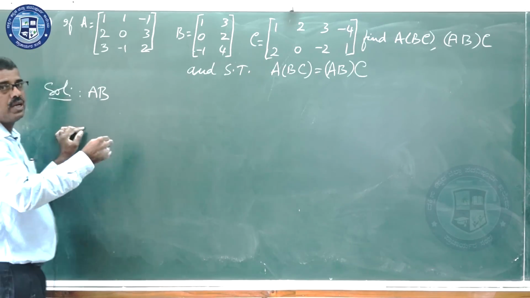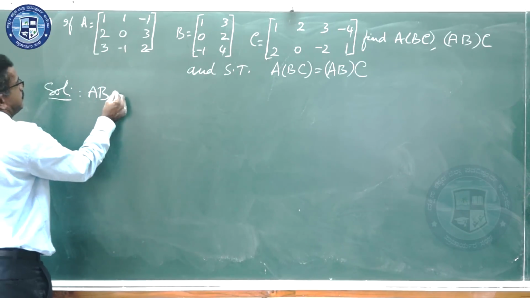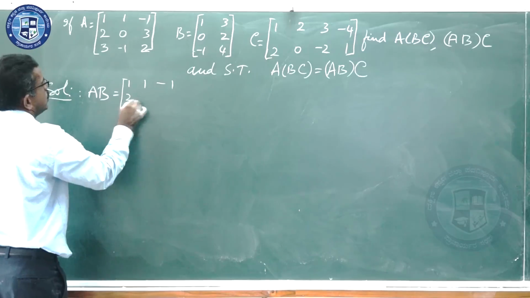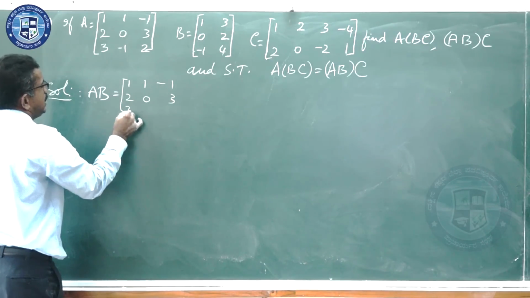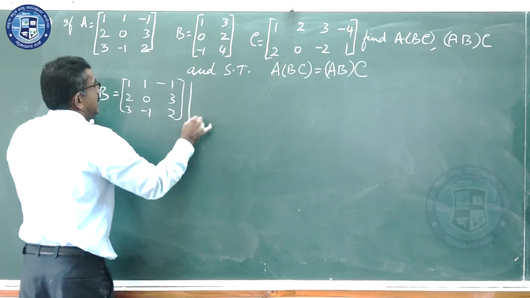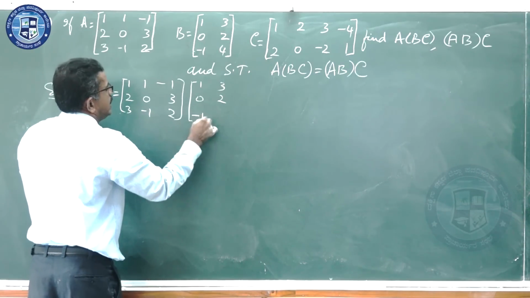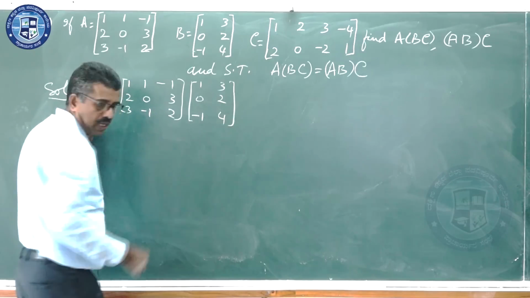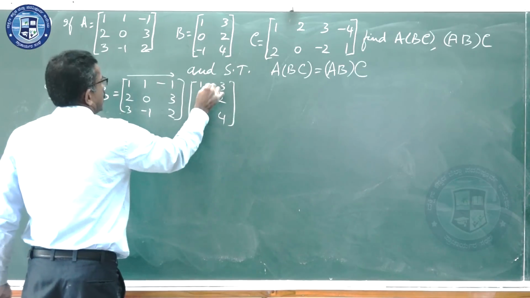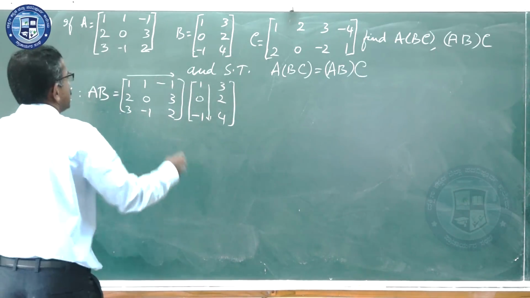A into B means we take the A matrix and multiply it with the B matrix. That is 1, 1, minus 1; 2, 0, 3; 3, minus 1, 2 times B, which is 1, 3; 0, 2; minus 1, 4. I need to multiply rows of the first matrix with the columns of the second matrix.